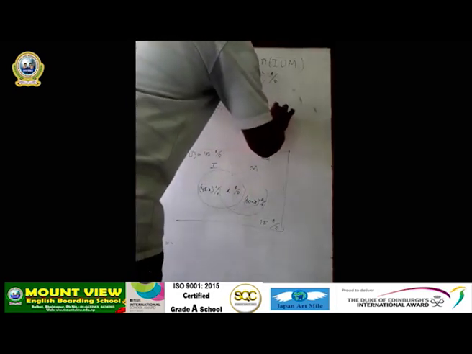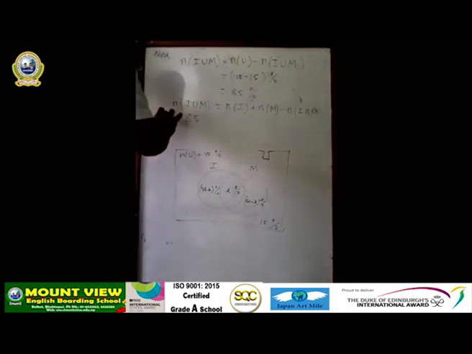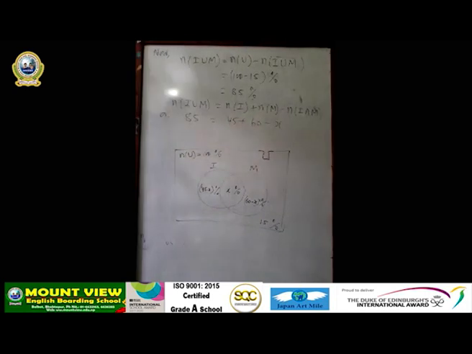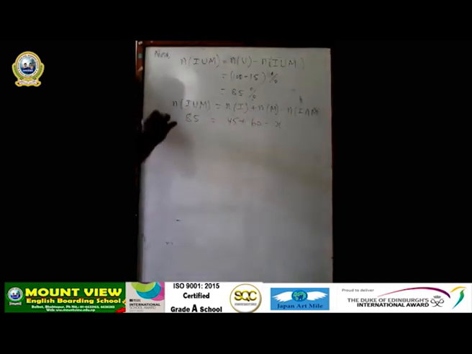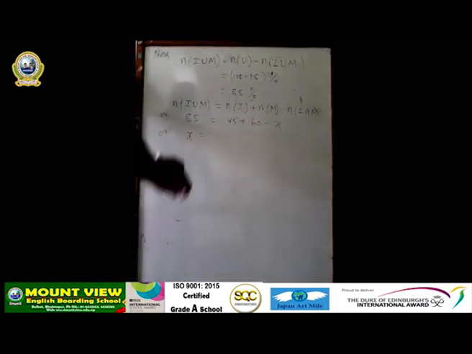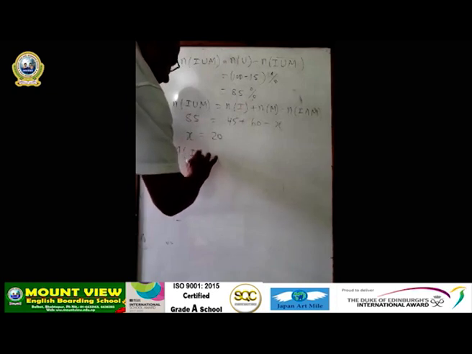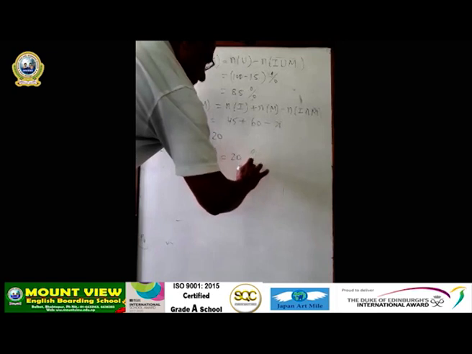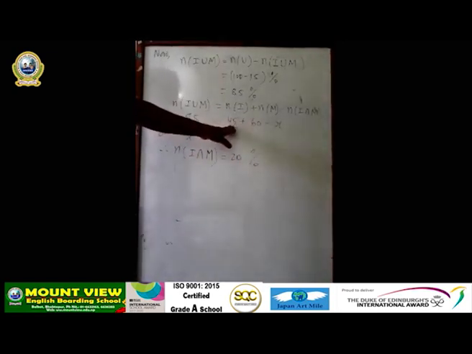After this, let us write it down in a Venn diagram. First, let us suppose this is U, and U is total 100%. I for internet, M for mobile data, and how many both? Both is not given, so x%.